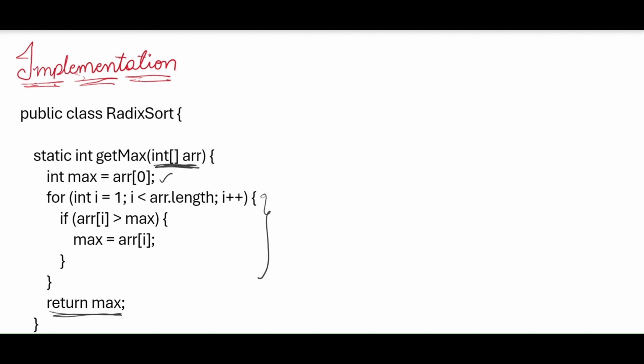What will it loop? This loops through the array starting from the second element, since i is equal to 1 means automatically it is the second element. If an element is greater than max, then that element becomes the maximum element. Suppose there are elements like 25, 30, 40.